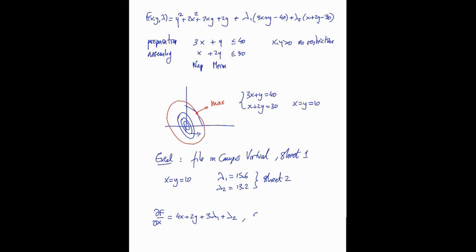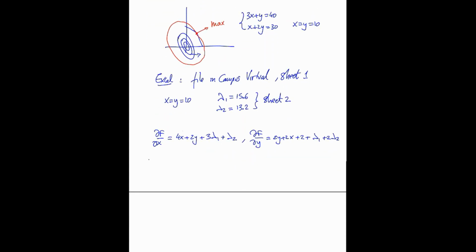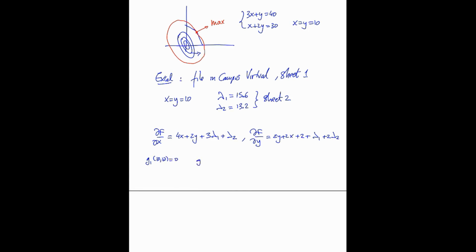And the partial of f with respect to y is equal to 2y plus 2x plus 2 plus lambda 1 plus 2 lambda 2. We're assuming the point is at the intersection. We have g1 of (10, 10) equal to 0 and g2 of (10, 10) equal to 0, and this is satisfied.